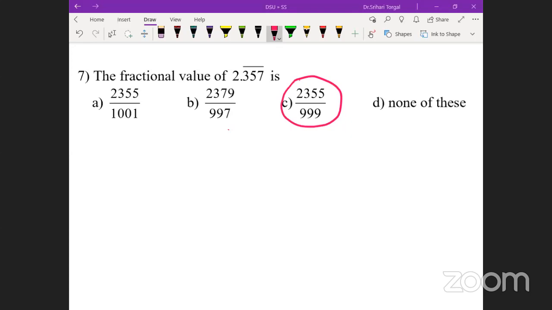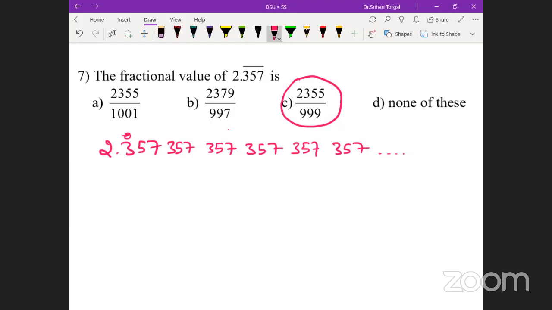Okay, so see here, the fractional value of 2.357 bar. What is the meaning of this 357 bar? 357, right?